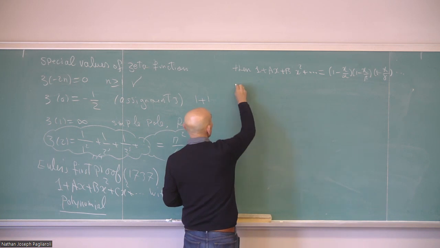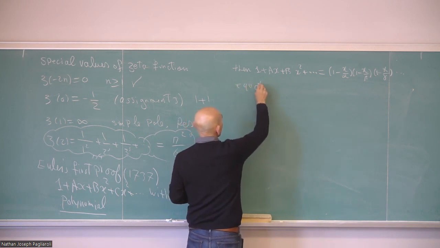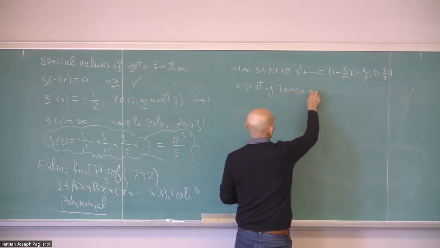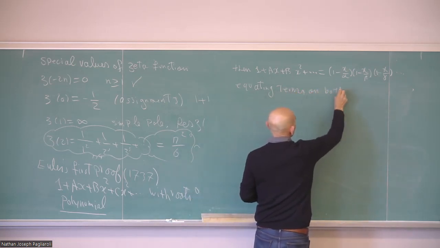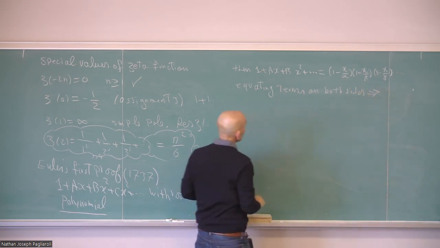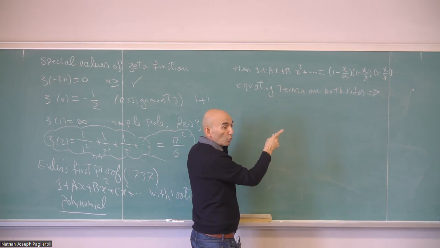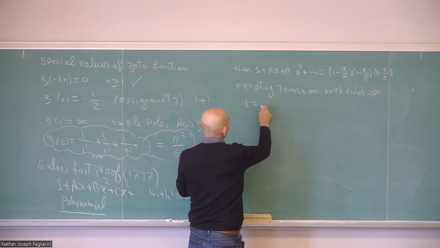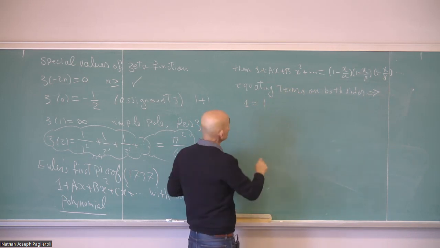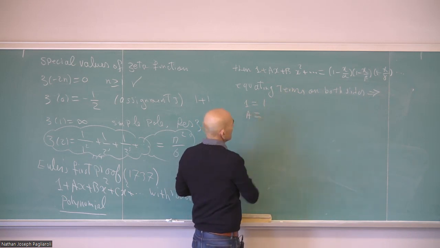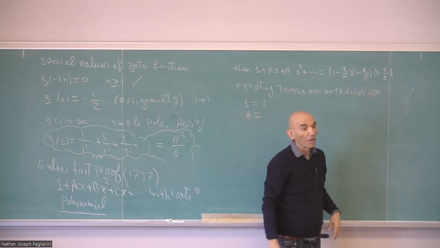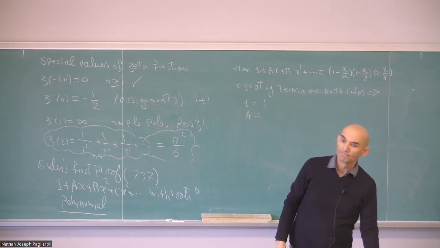Okay, equating terms on both sides. The zeroth order terms don't give me anything, 1 equals 1. But the first order term gives me something interesting. What does it tell me if I equate first order terms?